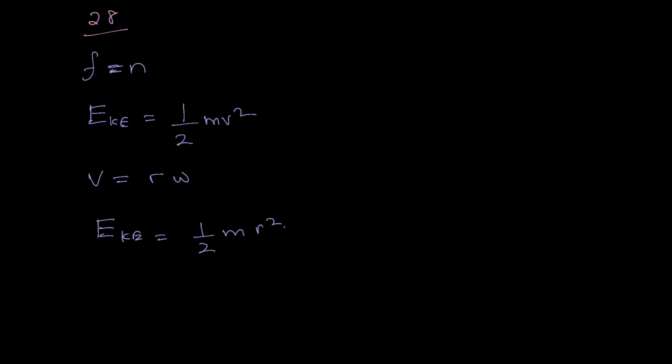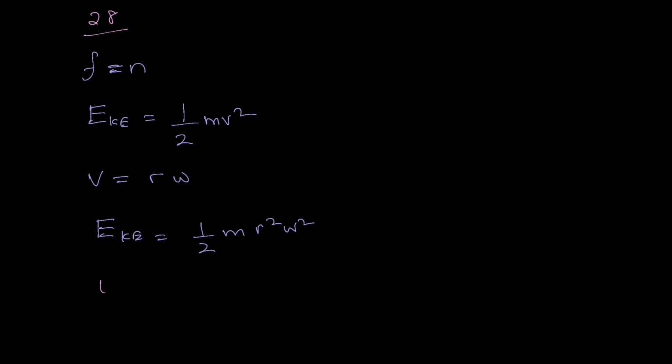Question 28. An object of mass m moves in a circle of radius r. It completes n revolutions every second. What is the kinetic energy of the object? So we know the frequency is equal to n, and we know also that the kinetic energy of the object is a half mv squared. But we know that v in a circular motion is going to be r omega, and so therefore I can have kinetic energy to be a half m r squared omega squared.